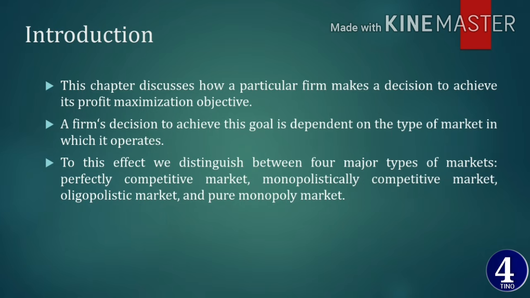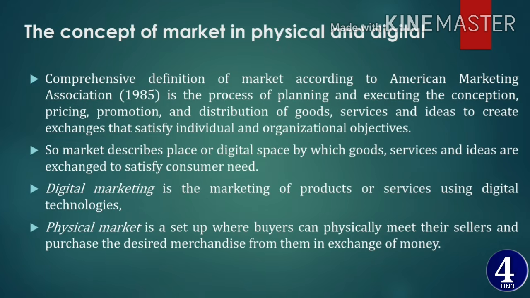In this tutorial we will be looking at the detailed differences between these 4 types of market structures. But first of all, let us see the concept of market in physical and digital terms. First of all, what do we mean by market? Whenever we think of market, most of the time we assume that it is a place where buyers and sellers meet for an exchange of goods and services.